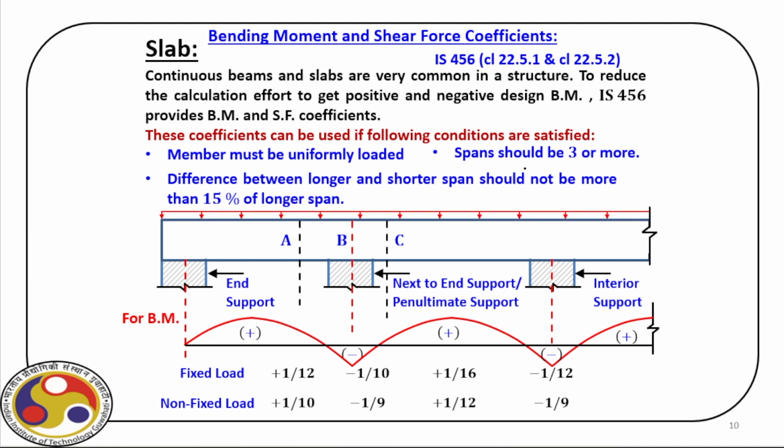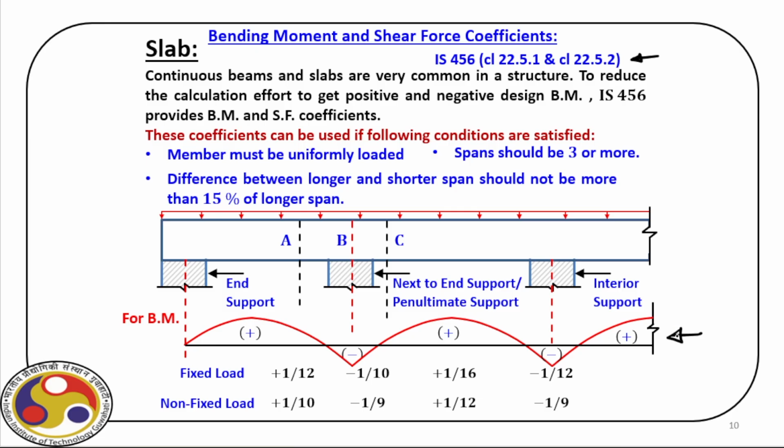For that, what we basically need is the bending moment and shear force. Now, as I have already explained, these bending moment and shear force coefficients are already provided, and clause 22.5 is actually dedicated for this purpose. So it is considered like continuous beams, and for continuous beams and slabs, which are very common in structural design, we get this positive and negative bending moment, as you can see in this diagram.